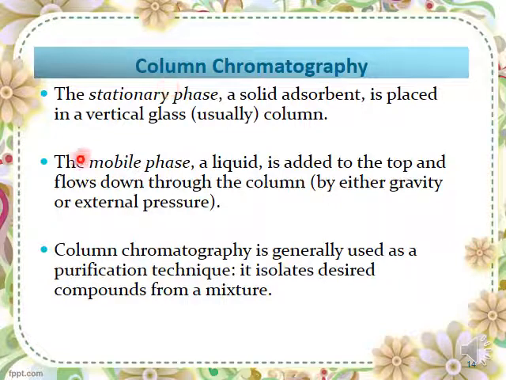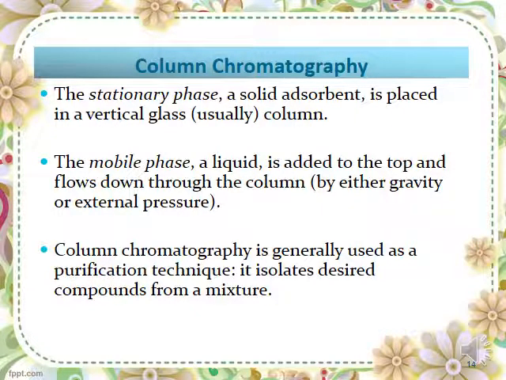The mobile phase is still the solvent used. It is poured at the top of the column and flows down through gravity. Normally column chromatography is used as a purification technique, which means we want to purify the components in a mixture.